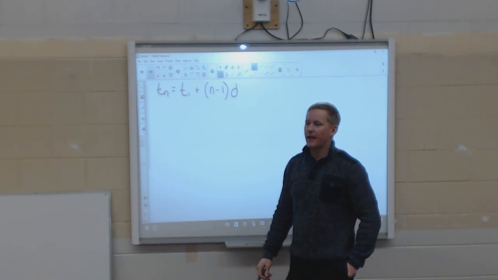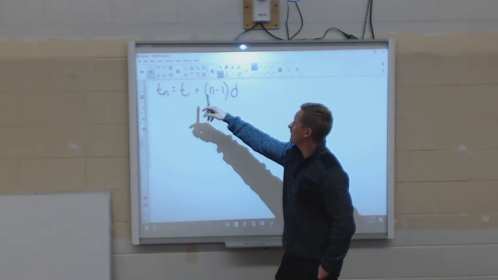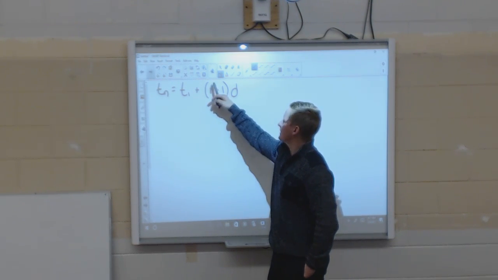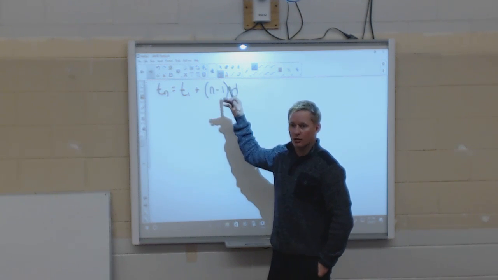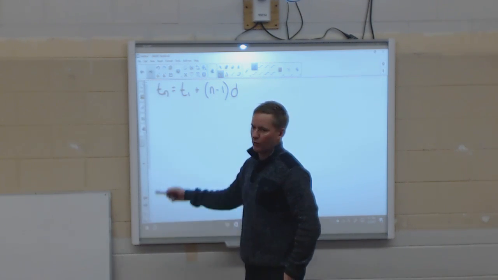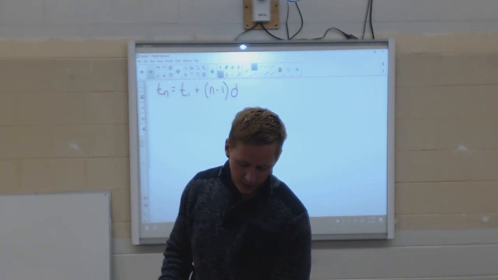Now, if I changed this around a little bit, this here would be my y-intercept, this here would be my slope. Or sorry, the d will be my slope. But that's what it's going to look like if we were to graph it.